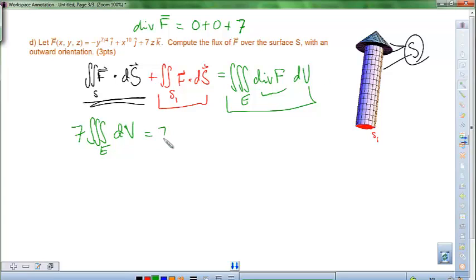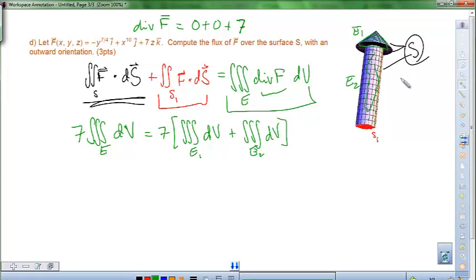Well, that's going to be 7 times the triple integral over, let's call this volume of the cone, E1, and then we're going to need to take a look at the solid cylinder. Let's call that E2. We won't need to compute these triple integrals, we just need to find the volumes of those solids.